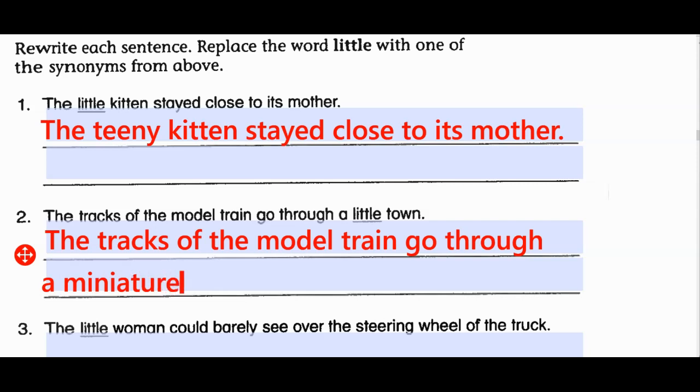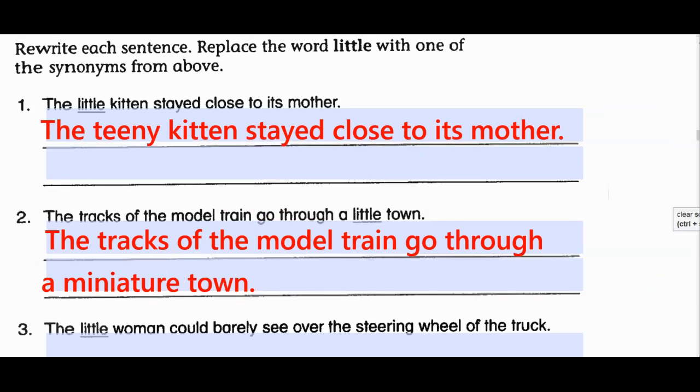I think that's how you spell it, right? How you spell it? Like that? A miniature town. All right, do those.